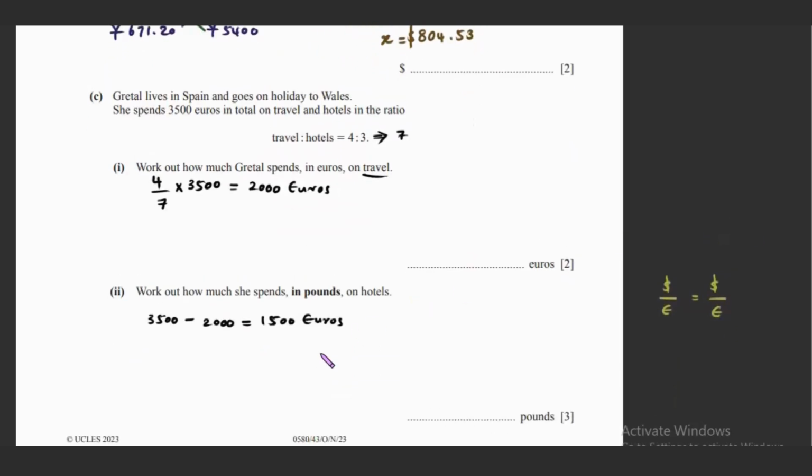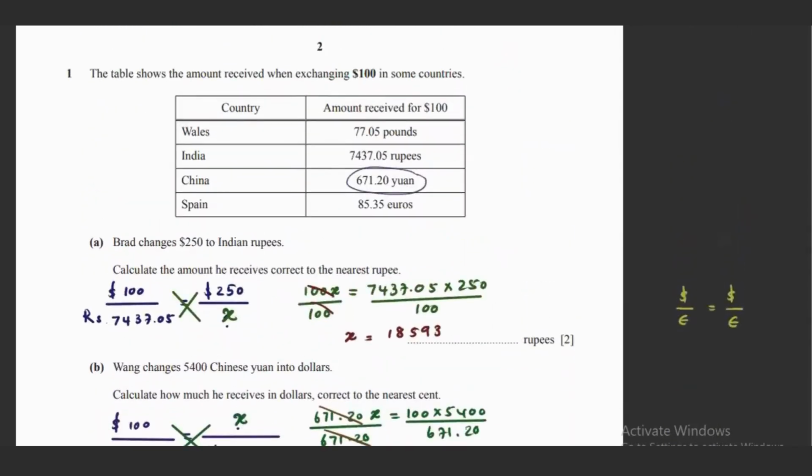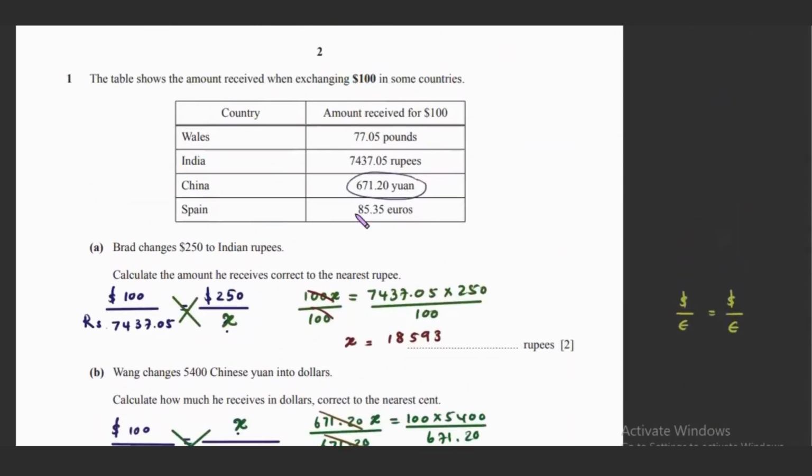Now I need to convert this amount into pounds. According to the question, we need to first convert the euros into dollars, because that is the conversion chart that is given here. So to convert euros into dollars, $100 is the same as 85.35 euros.